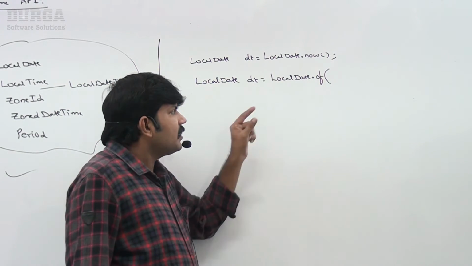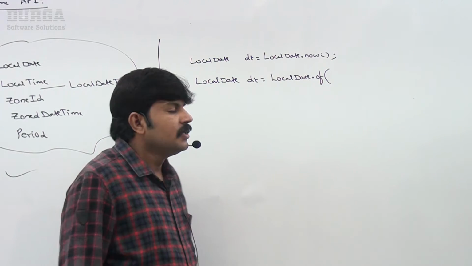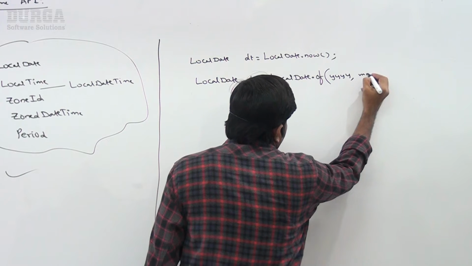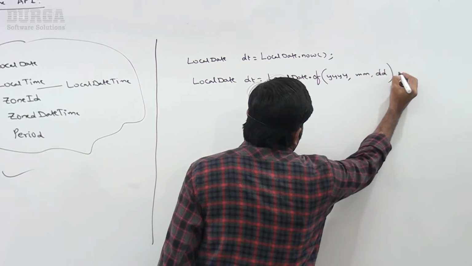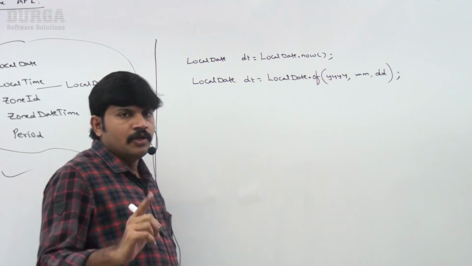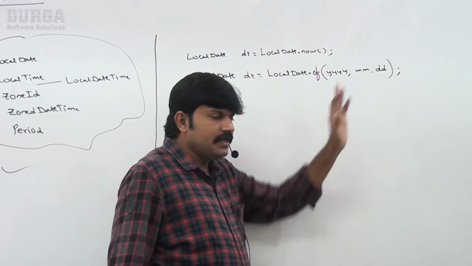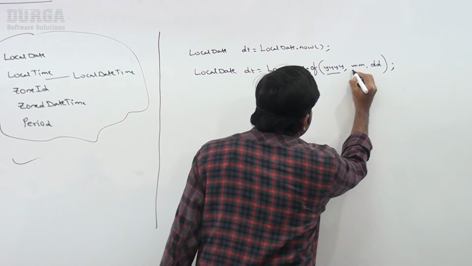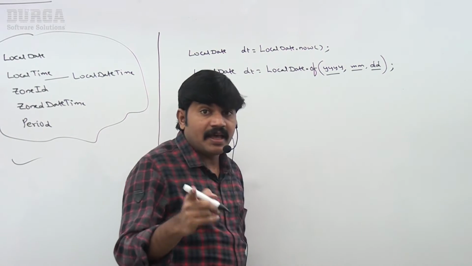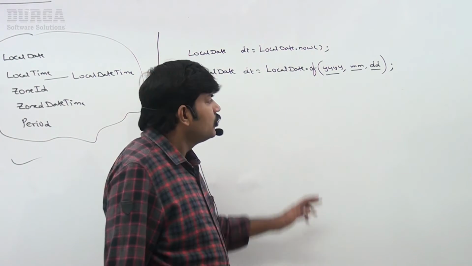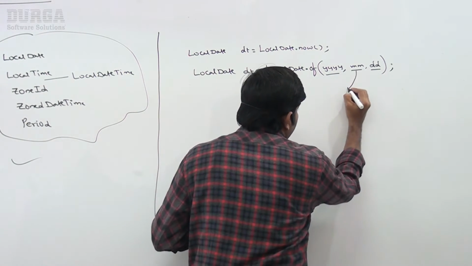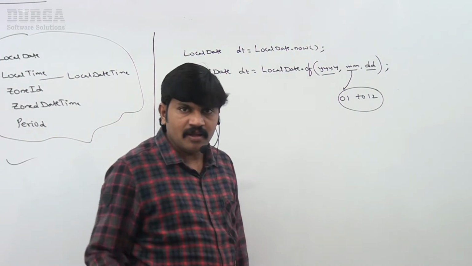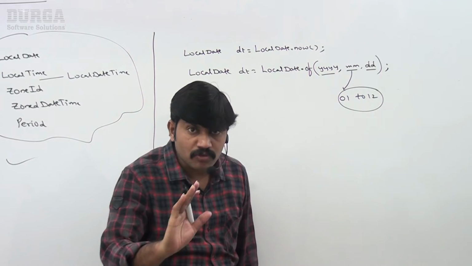Which arguments are there, sir? First we have to pass yyyy, mm, dd. Remember this one. An important conclusion: compulsorily these should be valid values. Month is 01 to 12 only.